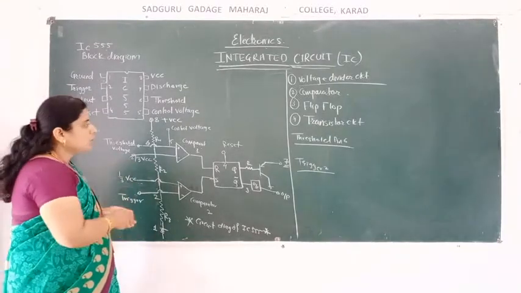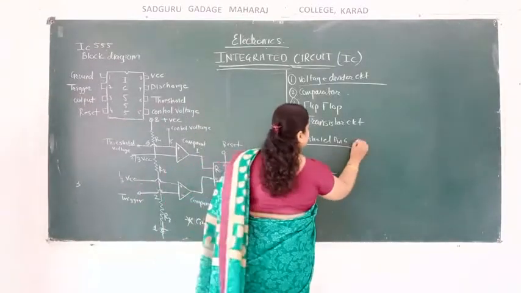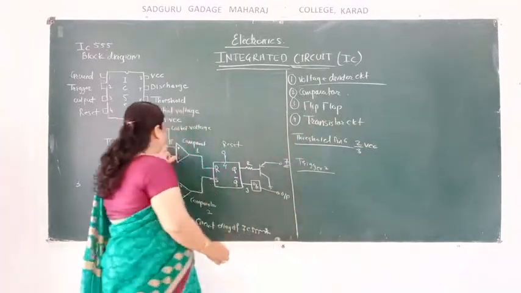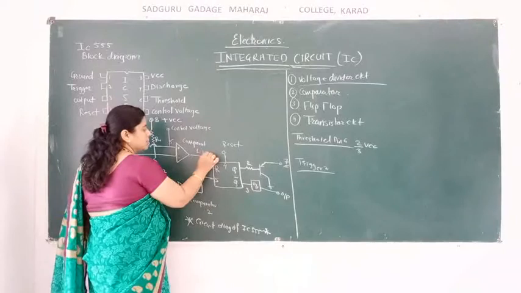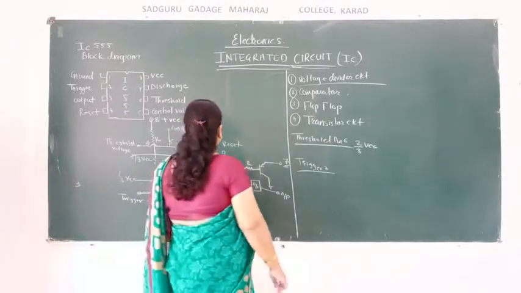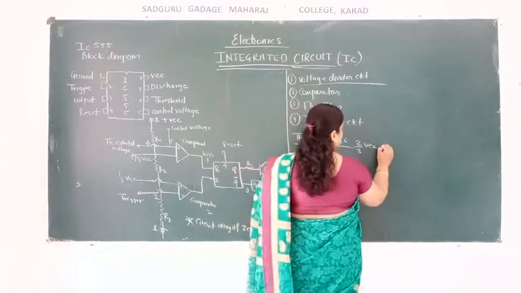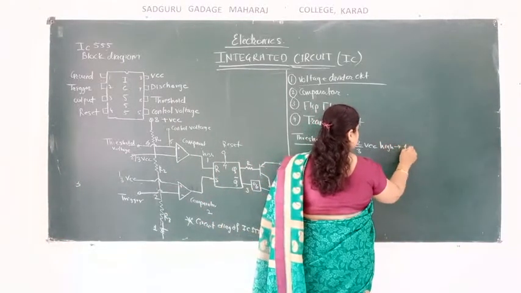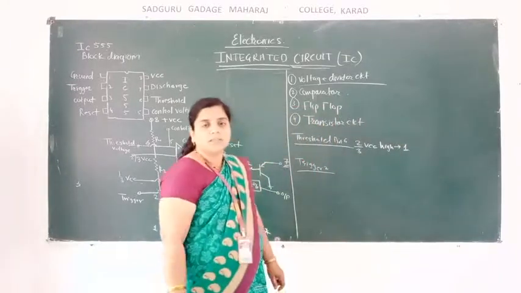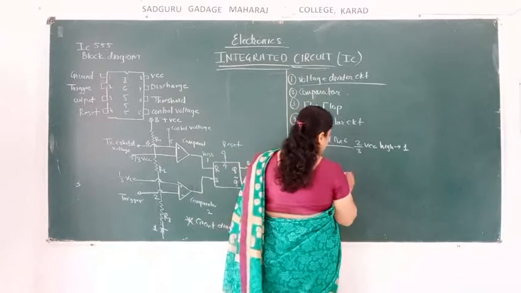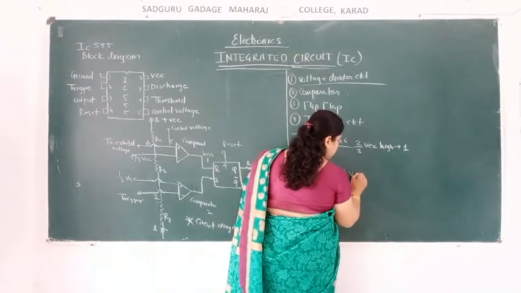If this threshold voltage is 2/3 of VCC, then the output of the comparator will be high. Output of the comparator will be high means it is 1. You know, high means 1 and low is 0. And this trigger means 1/3 of VCC.